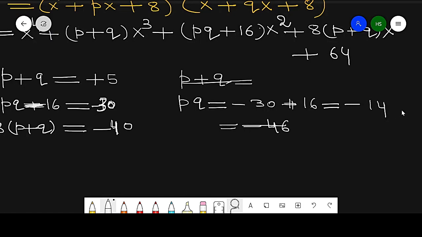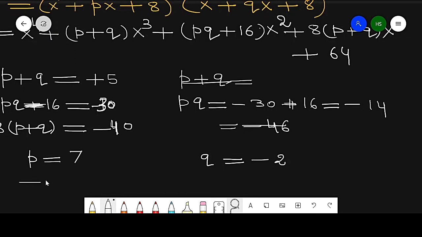So this is a PQ product which is equal to -14. From this we can find the values of P and Q by forming the quadratic equation, and those values will be 7 and -2. So one is 7, second is -2. Then solve the given quadratic equation.